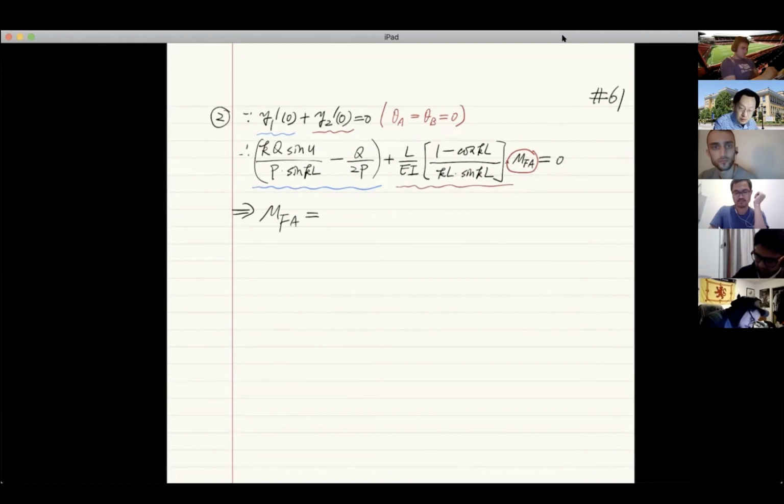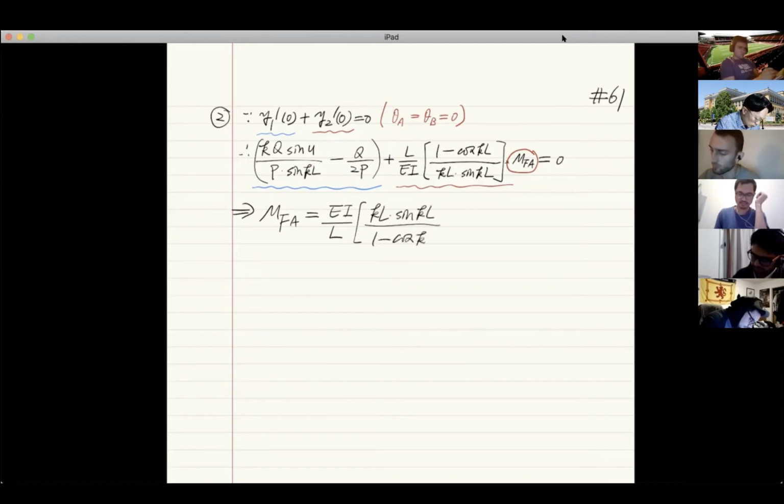MFA would just be flip everything and divide everything by the coefficient associated with MFA. Right? So you can just write it like this. It's EI over L times KL times cosine KL, 1 minus cosine KL.